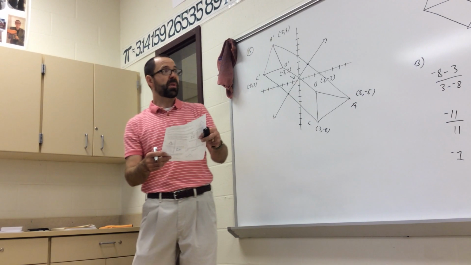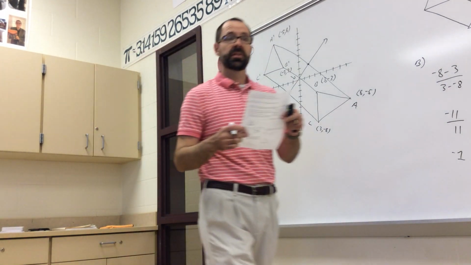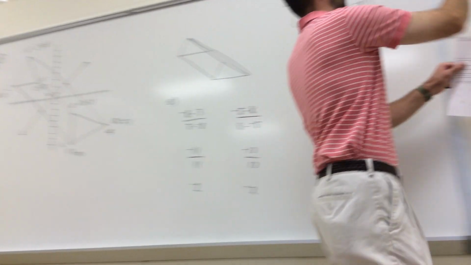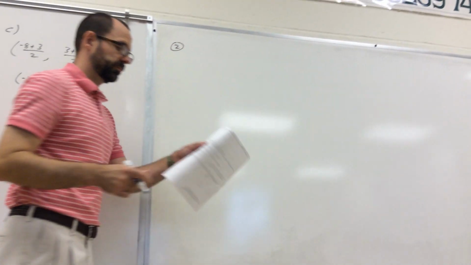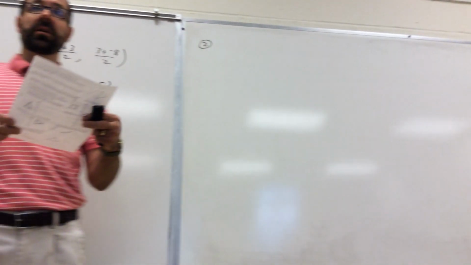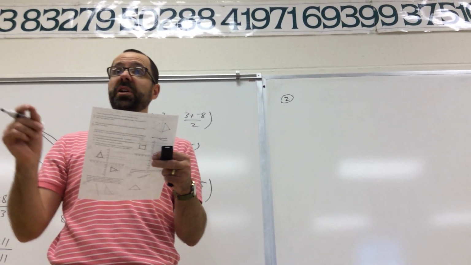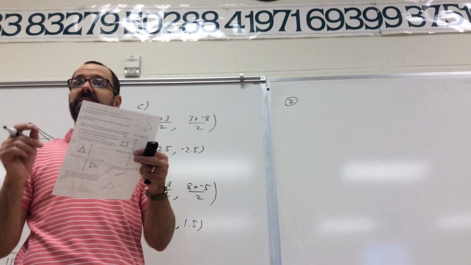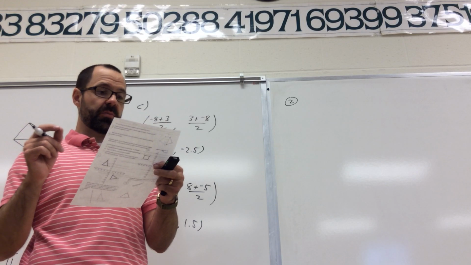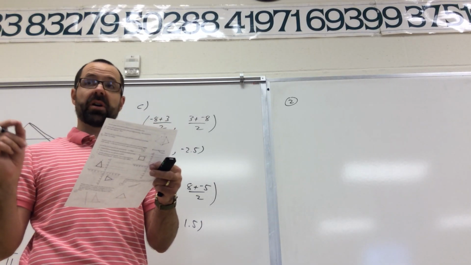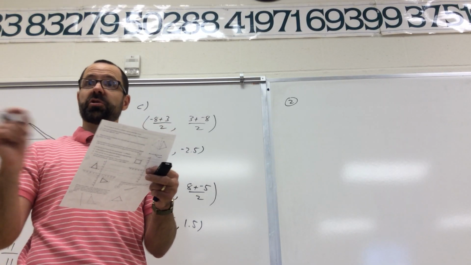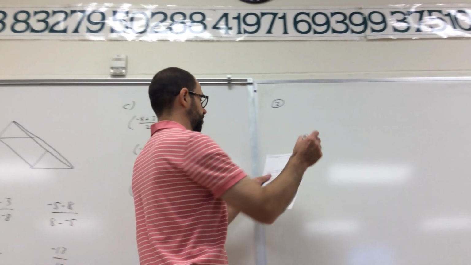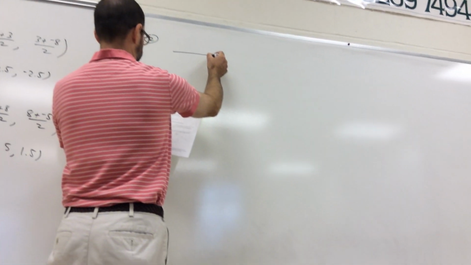Okay, so now we're going to go back to number 2 on the paper. So flip the paper back over. And we've already got our image for number 1, right? So now number 2 says connect each point on the pre-image to the corresponding point on the image. So use your note card for that. And I'll try to draw that up here. See how I do.